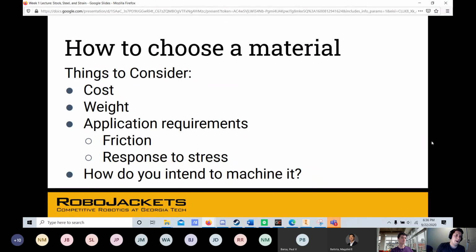And how this applies to RoboJackets itself is when you think about BattleBots specifically, or I'm not sure if RoboCup has weight restrictions, but essentially if you have some weight metric you're trying to design towards, like 3-pounders, 20-pounders, 30-pounders, I'm not sure if those are the right numbers, you're going to want to choose materials that are good at what they do for those specific weights. So those two are some pretty good ones that you have to consider.